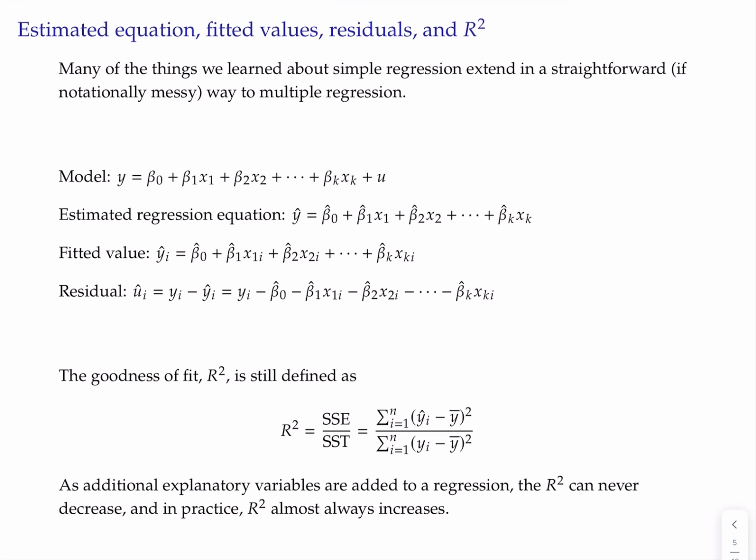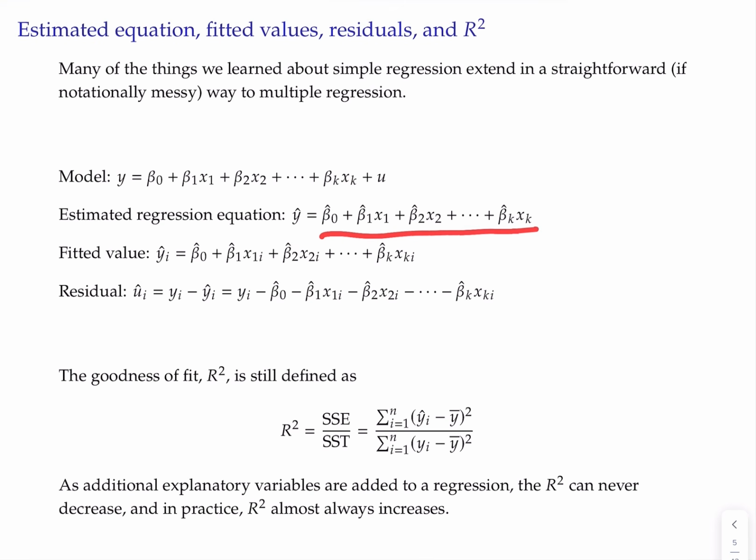A lot of the things from simple regression carry over in a straightforward way, just extended to the multiple regression case. You've already seen the model with two explanatory variables. This is a version with k explanatory variables, just a general version. The estimated regression equation is what we get when we use the beta hats that we get from OLS and plug those in.